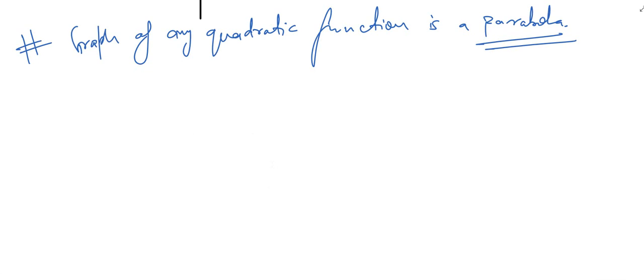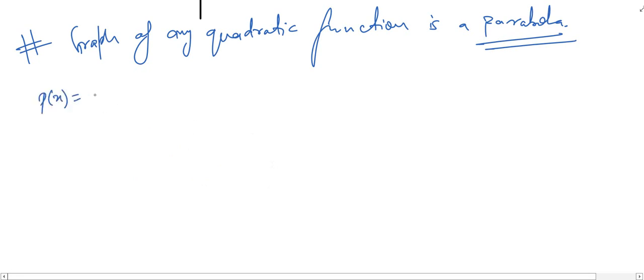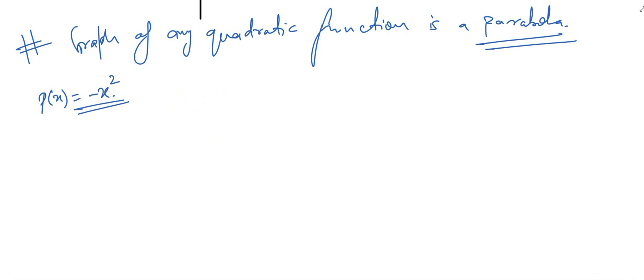We have to apply some brain, and let us try to plot this: p(x) is equal to minus x square. So let's again make a table and again take values.